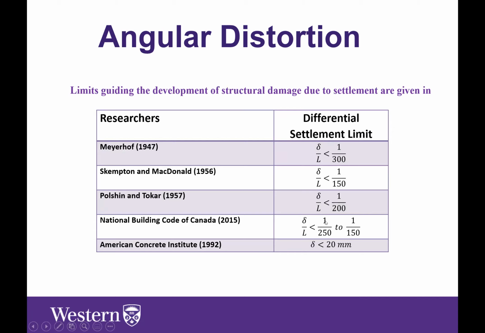The National Building Code of Canada says that you would experience structural damage at a ratio of 1 to 250, but when you reach 1 to 150, you're going to experience ultimate damage, or material damage, so something greater than cracks. The American Concrete Institute gave you a flat benchmark of 20 millimeters of settlement that you cannot exceed. Okay.